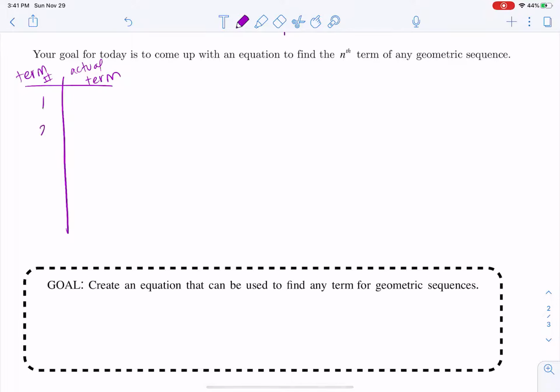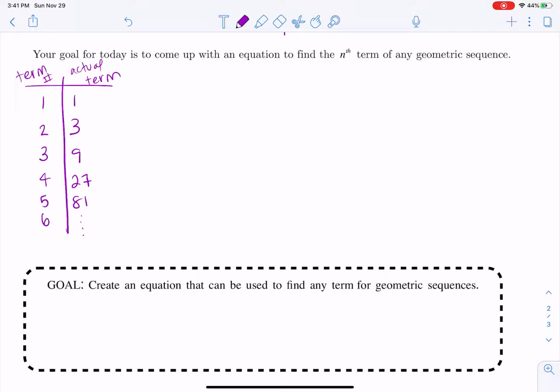I have my first term, my second term, my third term, fourth, fifth, sixth, and so on and so forth. So I have 1, 3, 9, 27, 81, and so on. It looks like my first term is 1, my second term is 3, my third term is 9.